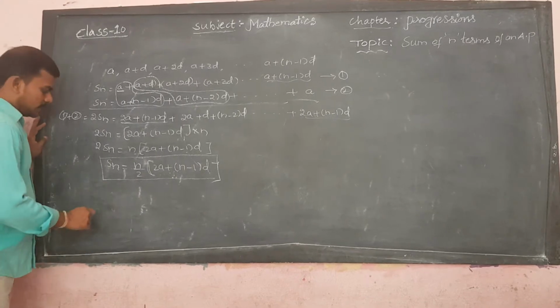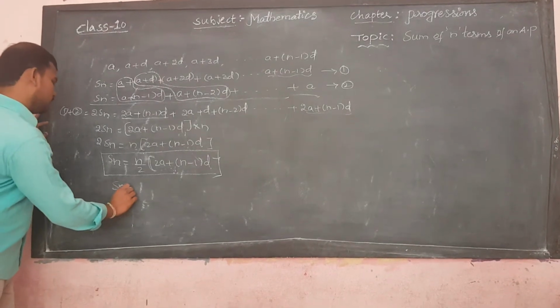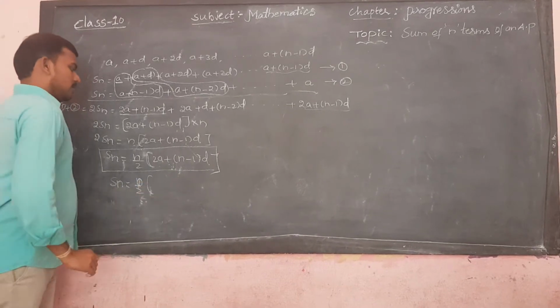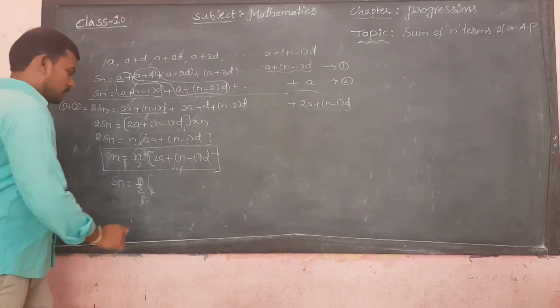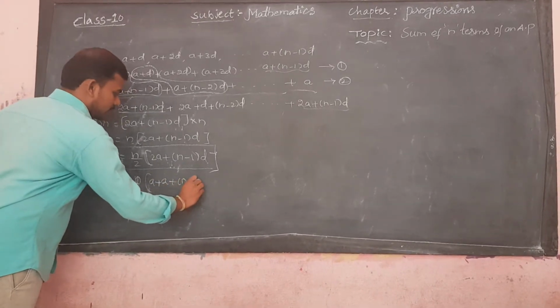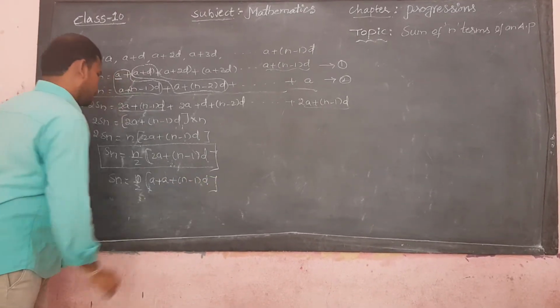It can also be written as Sn is equal to n by 2 into (a plus (a plus (n minus 1) into d)).